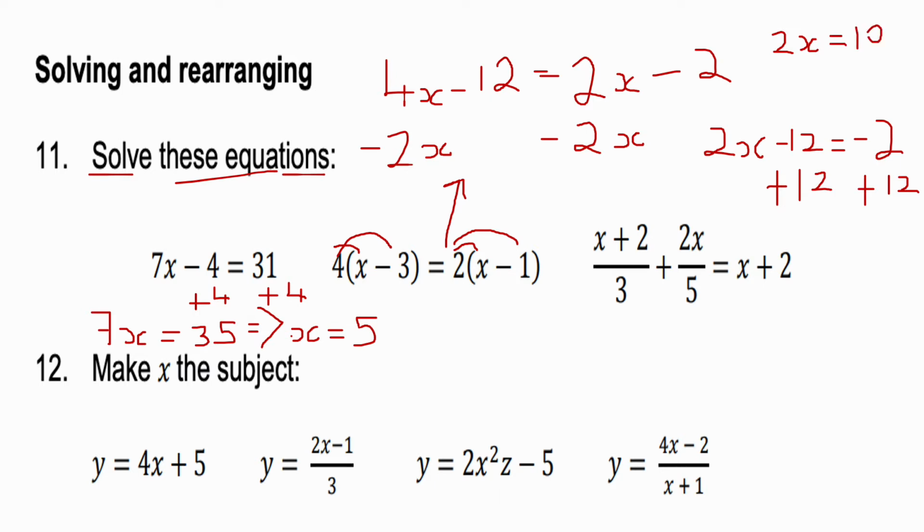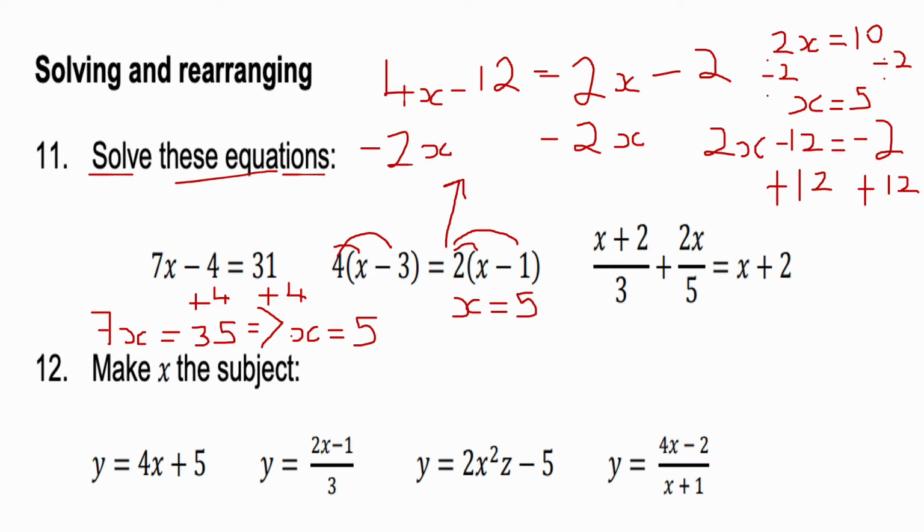It's the same as saying 12 take away 2. Dividing both sides by 2 because 2x means 2 times x, we get that x is equal to 5 for this equation. So this one was a bit more demanding.